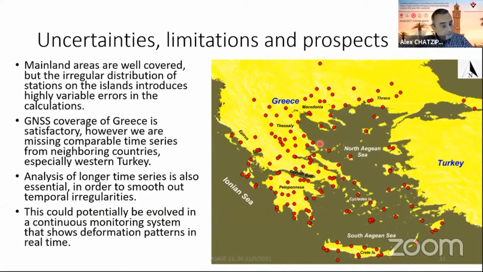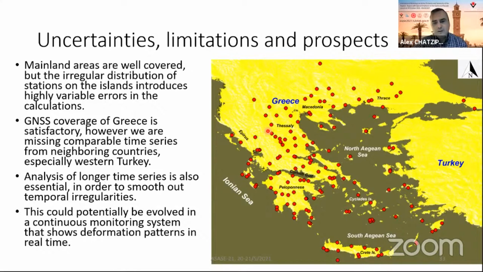So we think that this can be a good way to have an indication of ongoing deformation in areas outside the main zones. But one problem here is that this was, let's say, a test run of 7 years.